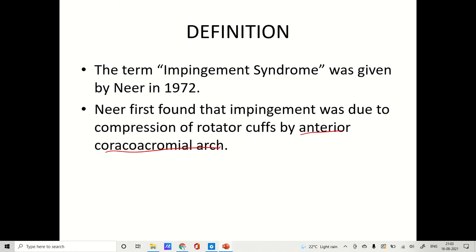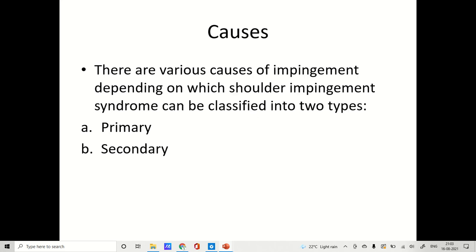Further studies showed that reactive progression of the syndrome is defined not only by the anterior coracoacromial arch but by narrowing of the subacromial space, as I explained on the first slide, due to spur formation of the coracoacromial ligament, the ligament between the coracoid and acromion, and on the undersurface of the anterior third of the acromion. Thus the acromion is very important, and also the coracoacromial ligament, not only the coracoacromial arch.